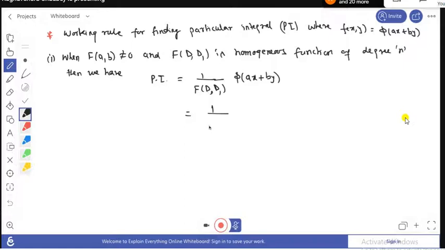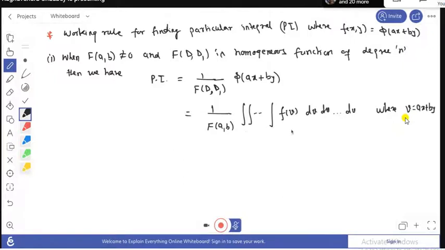If this is non-zero, this becomes 1 over f(a, b) times the multiple integral of phi(v) dv, where v equals ax plus by.